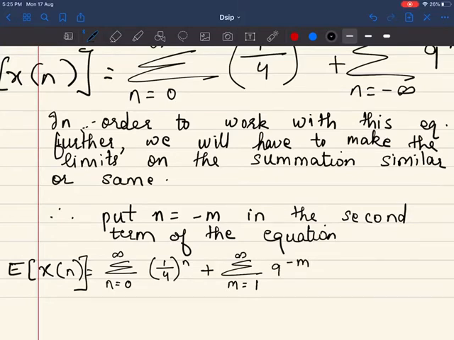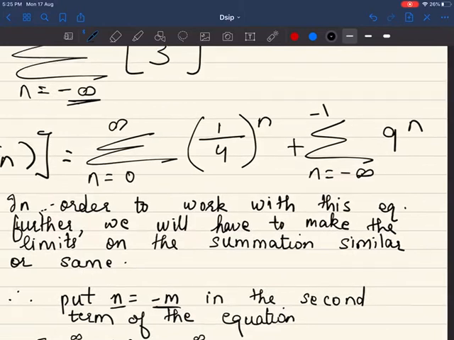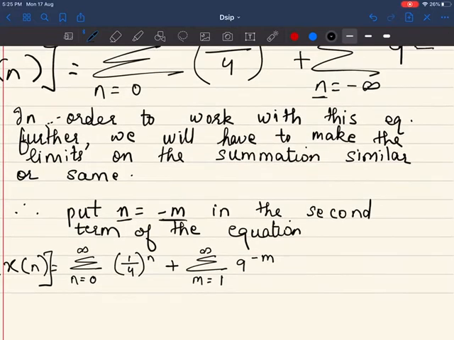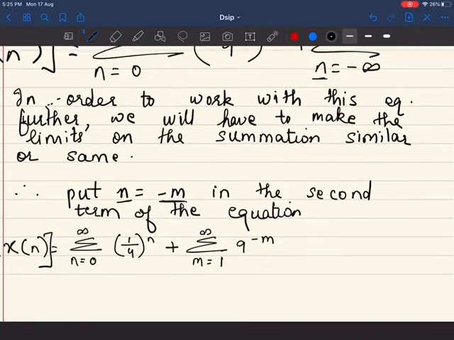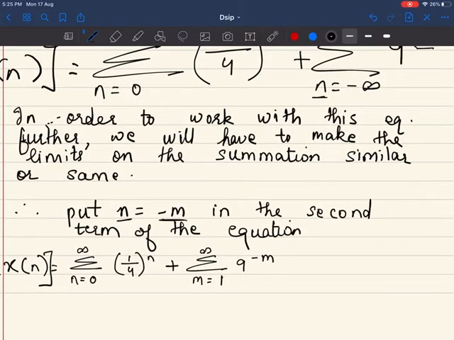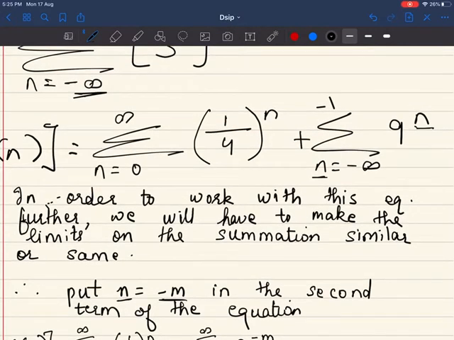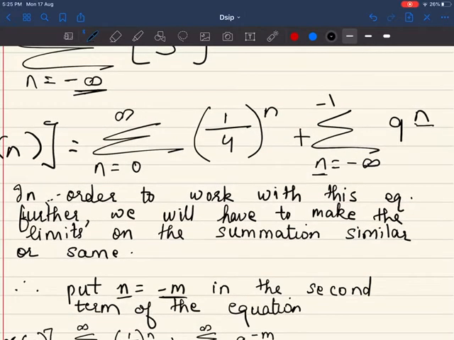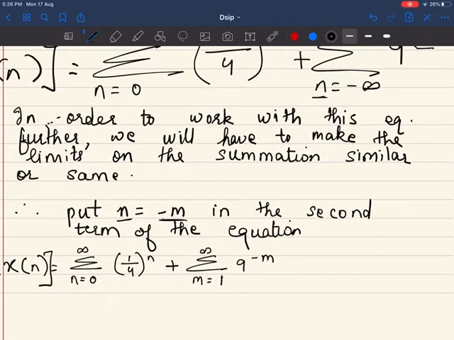What I did over here was replace n with minus m, so wherever there was n, I replaced it with minus m. So m is equal to 1 to infinity, right? This became plus when I replaced n with minus m.